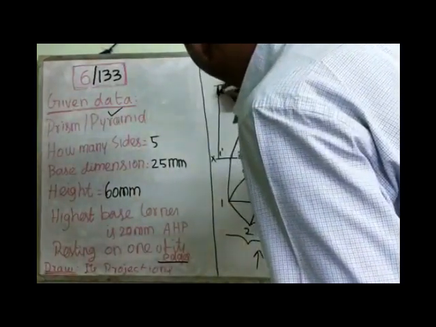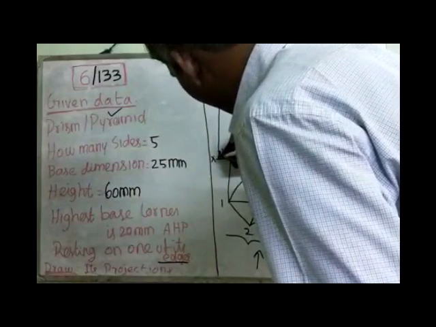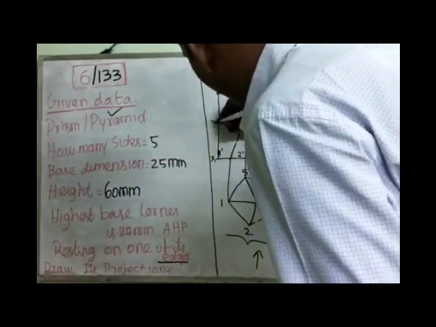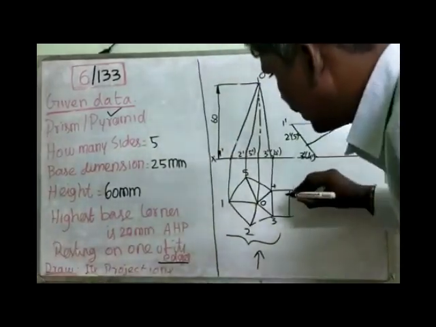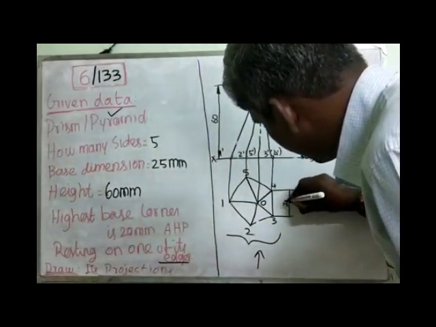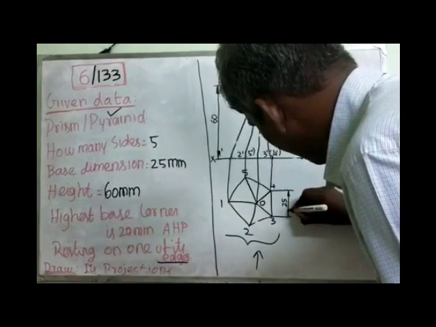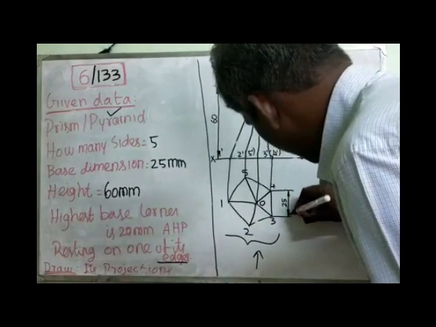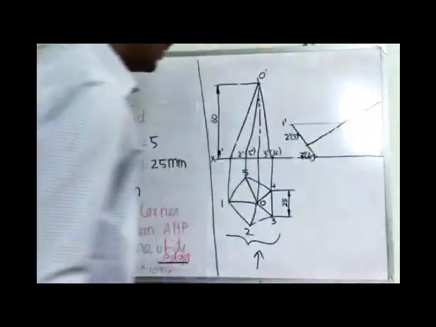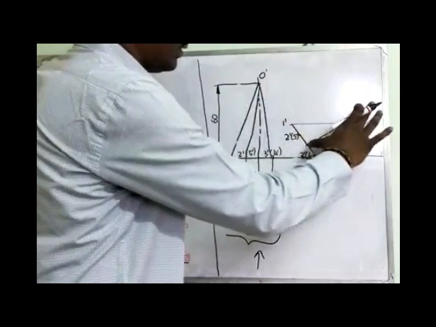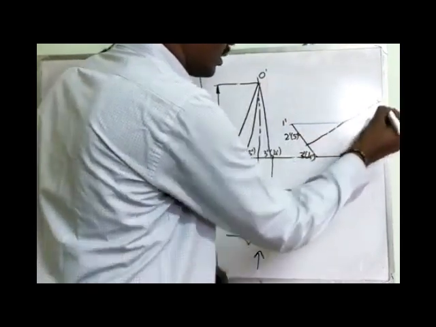Each and every time when you draw the arrow head, you have to follow the 1:3 ratio concept. This is 60 millimeter. This is 25 millimeter. So the axis height of the object is 60 millimeter.